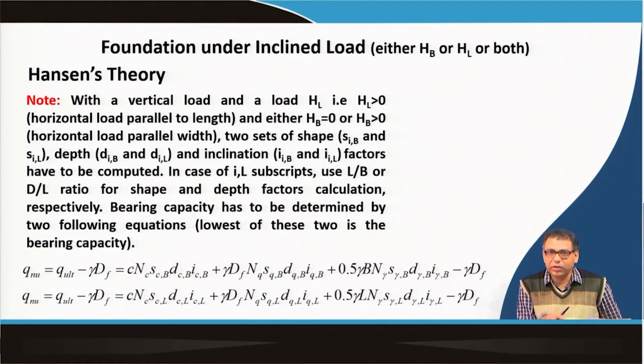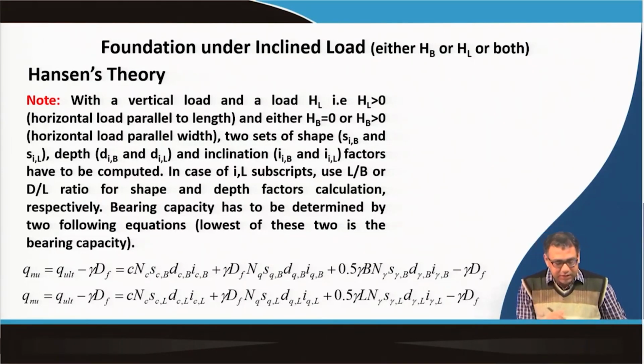We have already discussed the Hansen theory in previous lectures, but that you can use if the loading is perfectly vertical. If the loading is inclined, then you have to make a few modifications. So, what are those modifications?